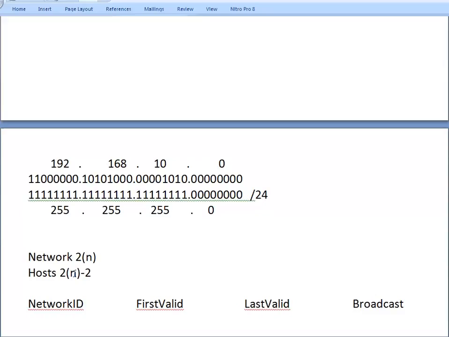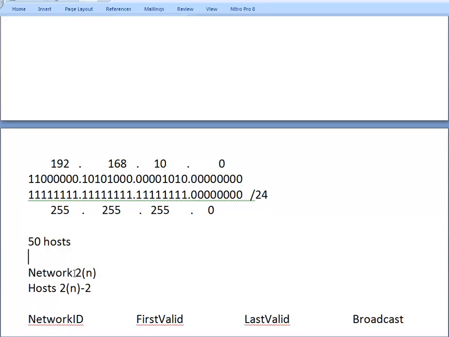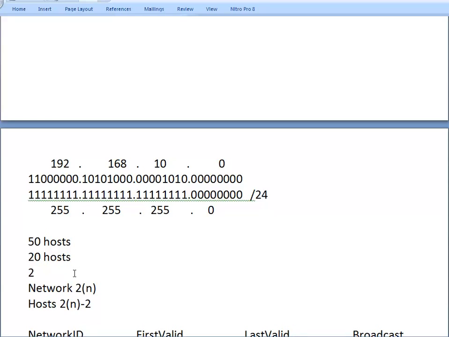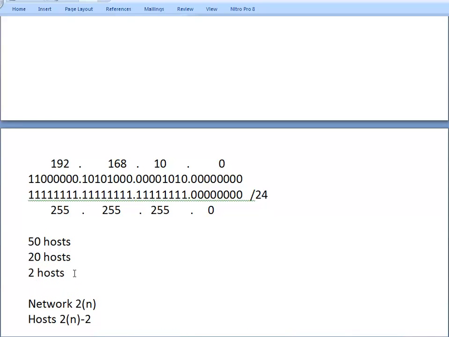Now the requirements are a bit different with the hosts. For example, one network is going to need, say, 50 hosts. The next network is going to need 20 hosts, and the next network is going to need 2 hosts. Right, so we actually have 3 networks, but each network requiring a different number of hosts. So first one is 50 hosts, second 20, third 2.